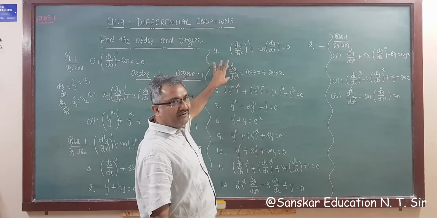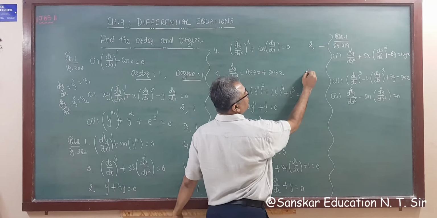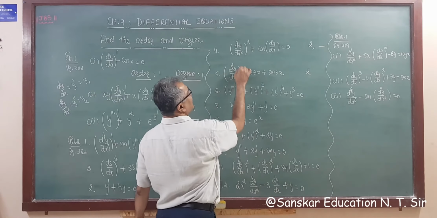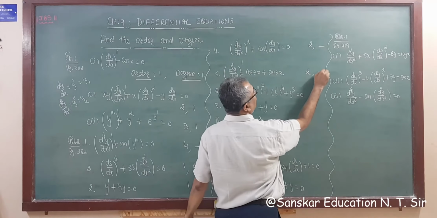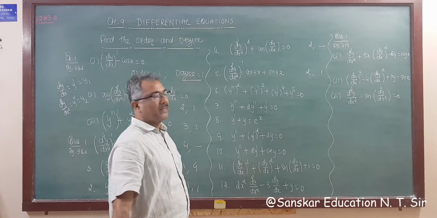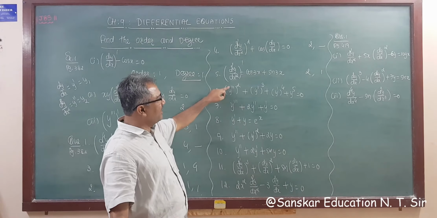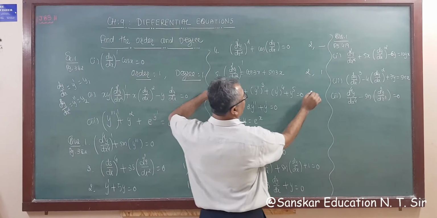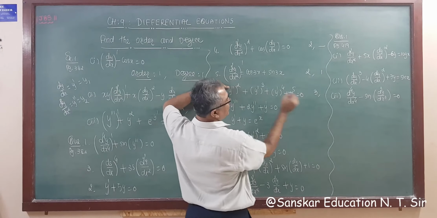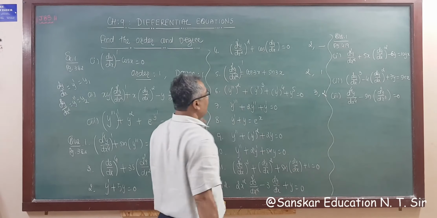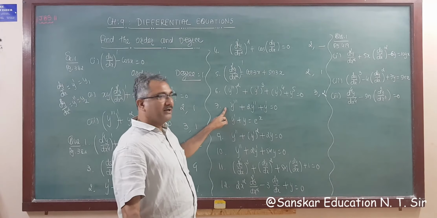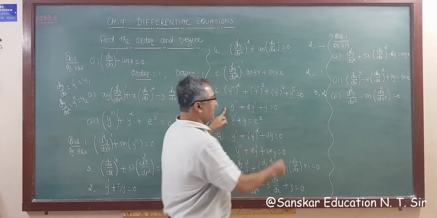Here highest order derivative is 2, so order is 2 and power of this derivative is 1, so degree is 1. Here highest order derivative is 3, so order is 3 and power of this is 2, so degree is 2. Here 3, degree 1, so 3 1, that is your answer.